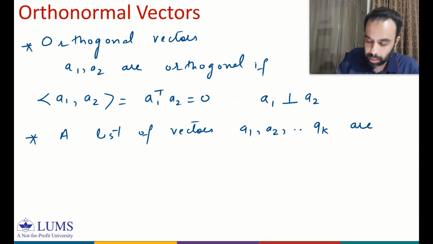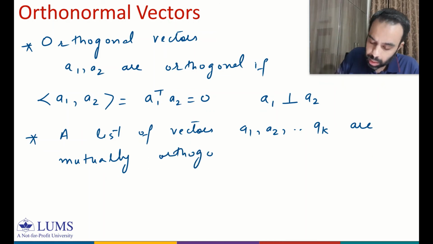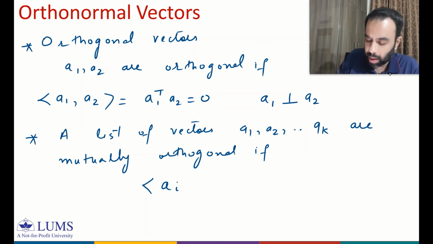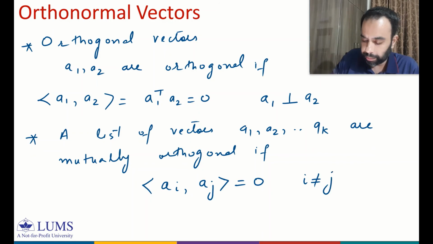These vectors are mutually orthogonal if you take an inner product of any of the vectors, say ai, with any other vector except for ai, what you get is 0, and this is for when i is not equal to j, right? So if this condition holds, we say vectors a1, a2, ak are mutually orthogonal.